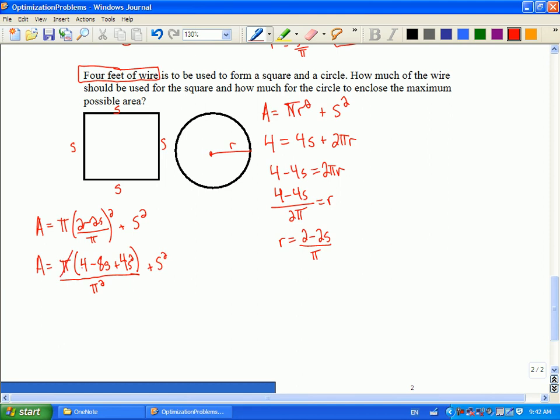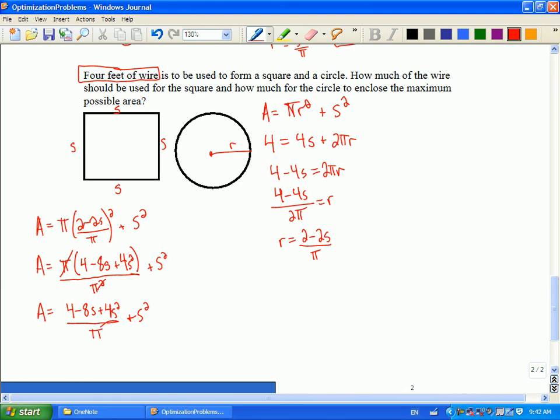So that pi would cancel out, and so would that exponent, which would leave me with an area formula that says 4 minus 8s plus 4s squared over pi plus s squared.